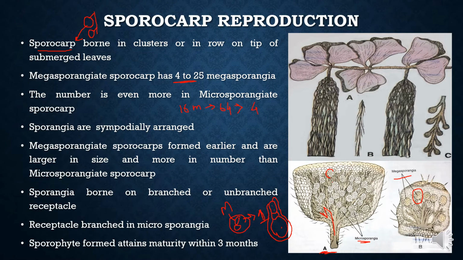Initially 16 microspore mother cells divide to form 64 microspores, which undergo meiosis to form 4 sperm.